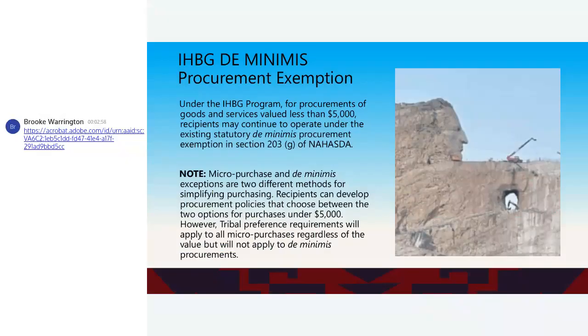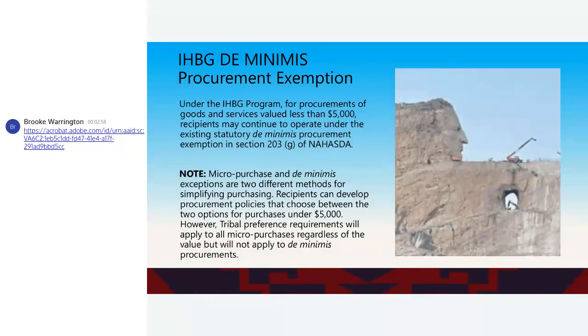Okay. Under your block grant program for procurements of goods and services valued less than $5,000, recipients can continue to operate under the existing statutory de minimis procurement exemption, which you can read about within the NAHASDA statute at 203(g). So micro purchases and de minimis exceptions are two different methods for simplifying your purchasing.